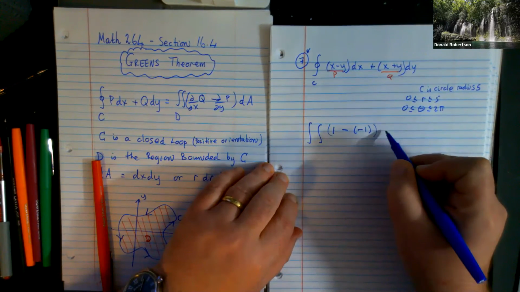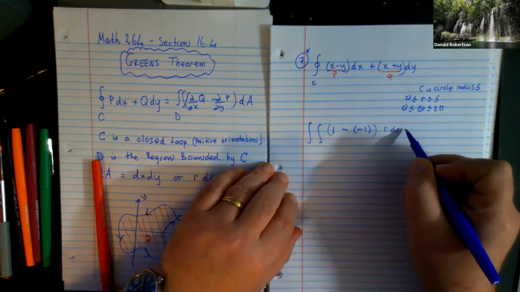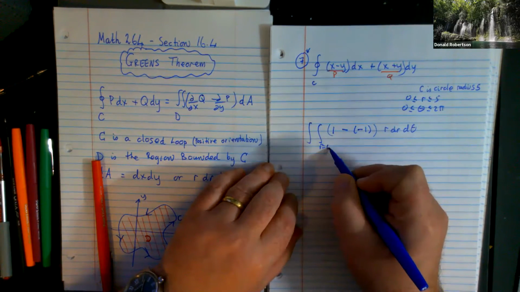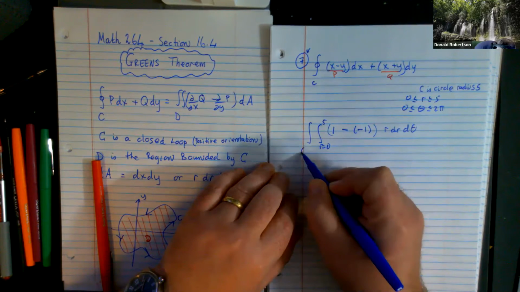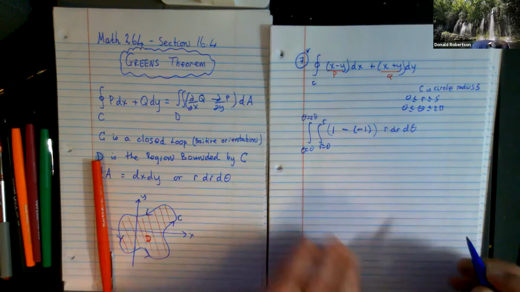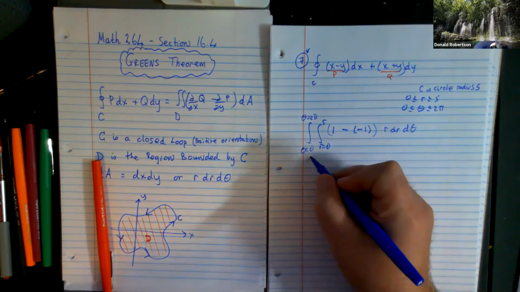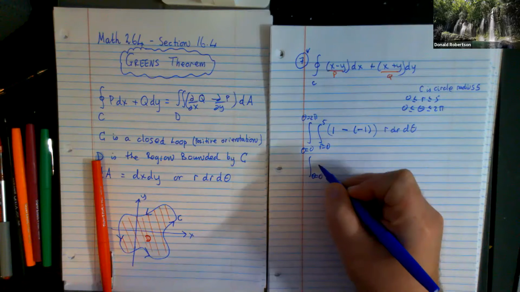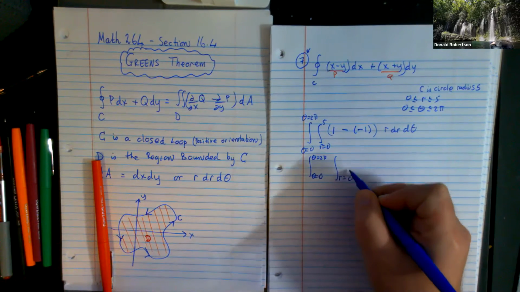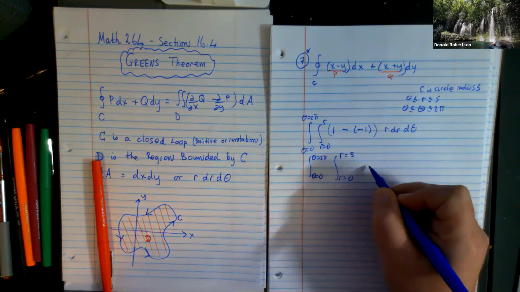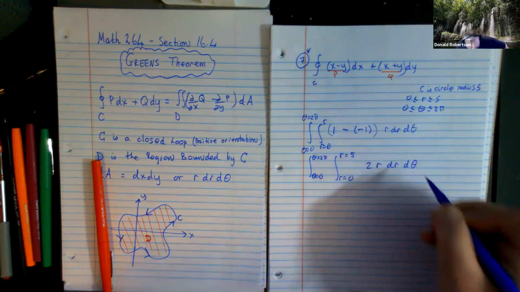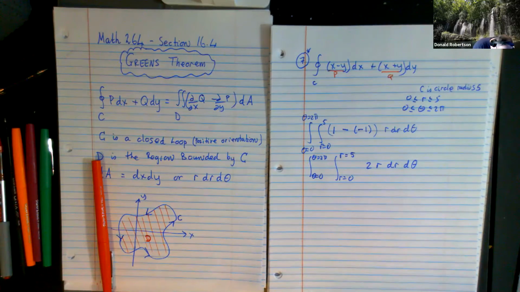I'm going to do polar. And that means r is going to go 0 to 5, and theta is going to go 0 to 2 pi. I'll tidy it up a little bit. I'm hesitant here because it's too easy. Is there anything I've done wrong there, or is it just a very easy question?